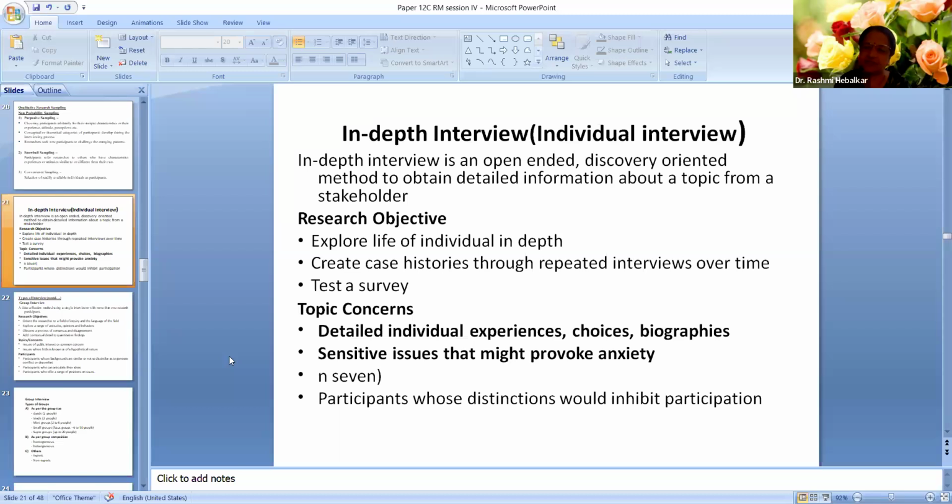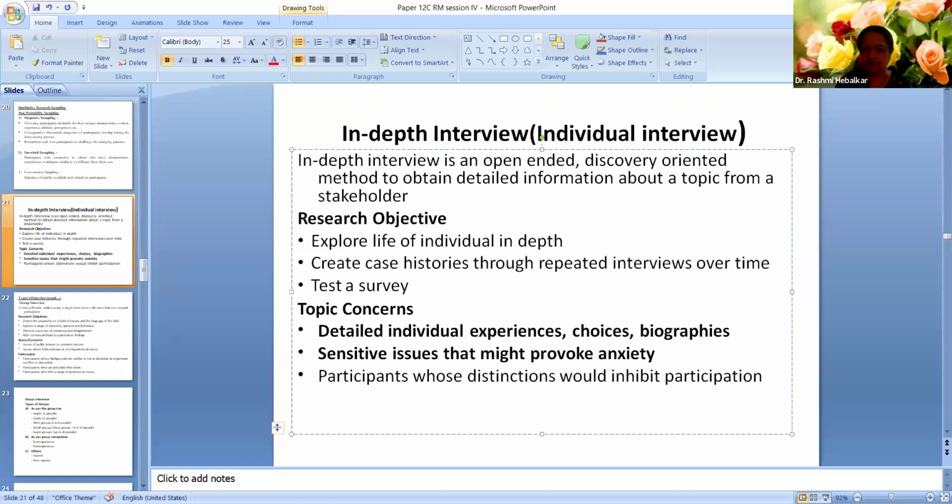Many times after the survey is complete, you have your findings, you feel that your research is complete, but based on the findings, you have some questions to be asked. Then again, individual interviews can be conducted. And experiences, choices, biographies, anxiety, challenges, all these are possible with the help of individual in-depth interviews.